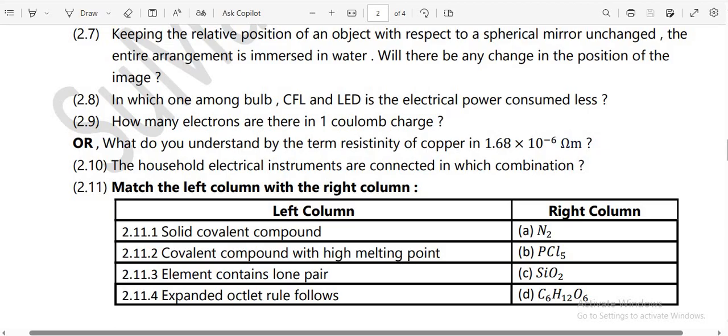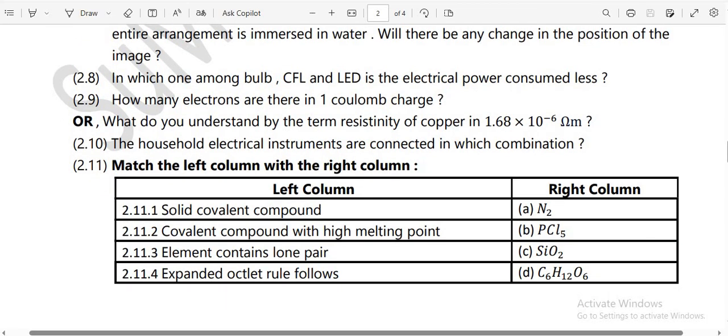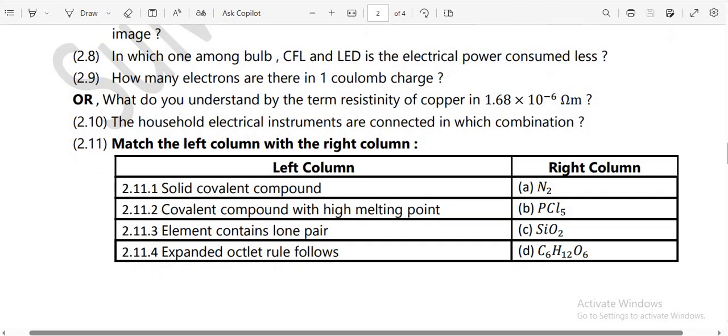B PCl5. 2.11.3 Element contains lone pair. C SiO2. 2.11.4 Expanded octet rule follows. Right column: D C6H12O6.